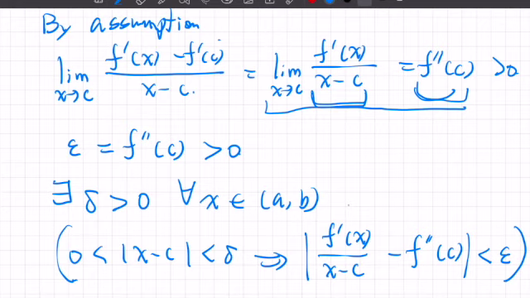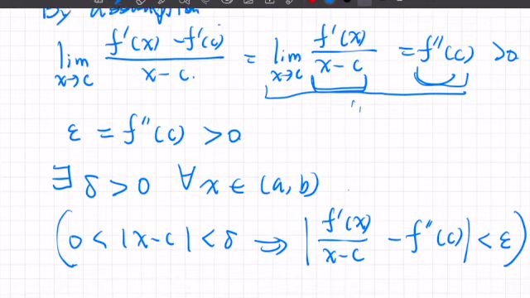So this is the definition of limit in the epsilon delta argument.